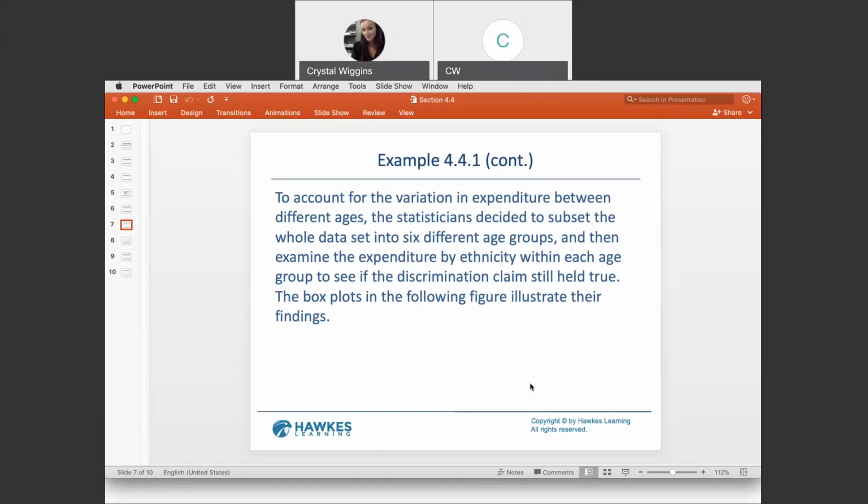And we should be able to see if now, by ethnicity, if there is an older population of a specific race that is getting more money than another race at the same age, then we can conclude that there is viability for a lawsuit.